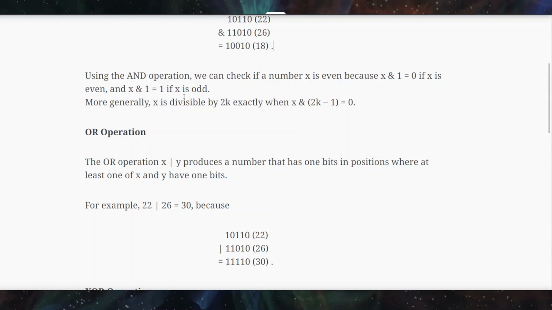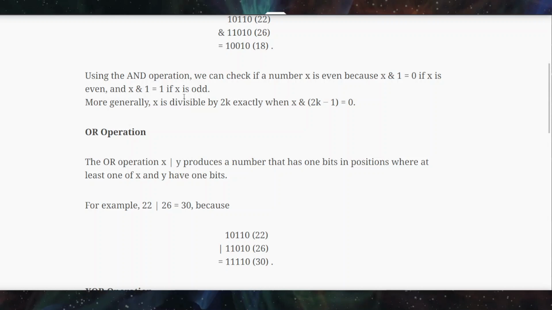And why do you need to use this operation? Suppose your number is stored in x, then you could check x modulo 2 equal to 0 or not equal to 0. So why use the AND operation? Because the modulo operation takes too much time compared to the bit operation.